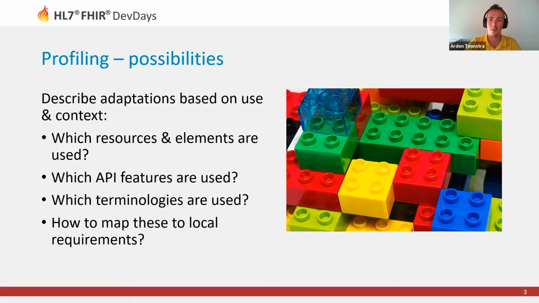You likely need to provide documentation to your implementers on which elements they need to implement and, for example, which terminology is required to exchange the information. So FHIR has a mechanism that allows you to adapt the FHIR specification itself to local use. That's what we call profiling.